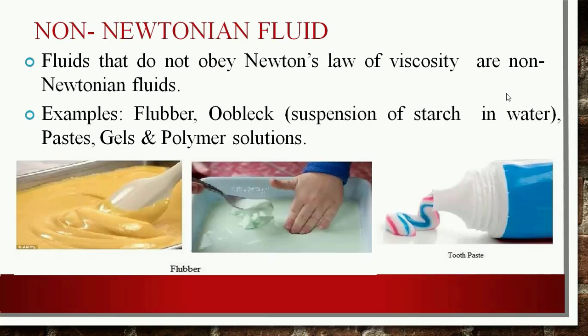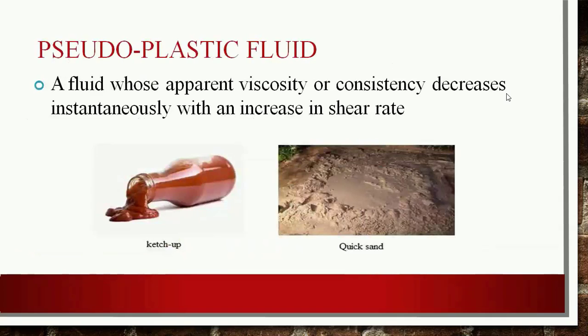The first is time-independent fluid and the second is time-dependent fluid. Time-dependent fluids are thixotropic and rheopectic fluids, and time-independent fluids are pseudoplastic, dilatant and Bingham plastic fluids, which we will discuss further.